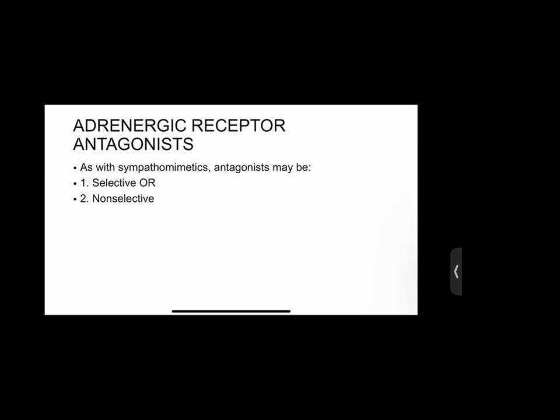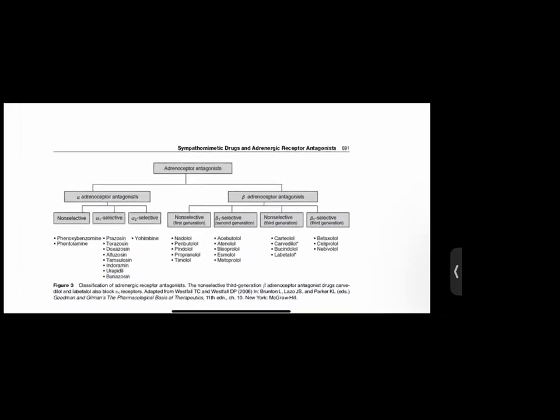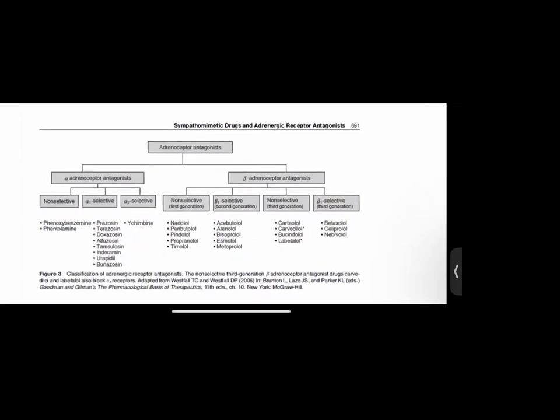Then the next slide shows us the receptor antagonists. We can see the alpha adrenergic receptor antagonists and the beta. We have the non-selective, phenoxybenzamine and phentolamine; alpha-1 selective, prazosin and doxazosin; and then alpha-2 selective, yohimbine.